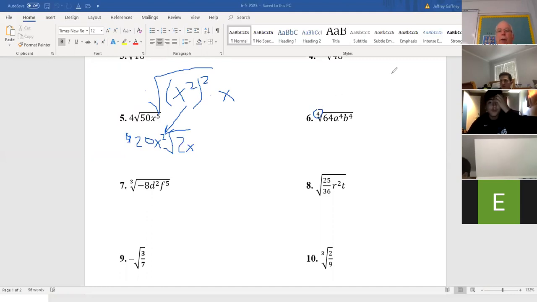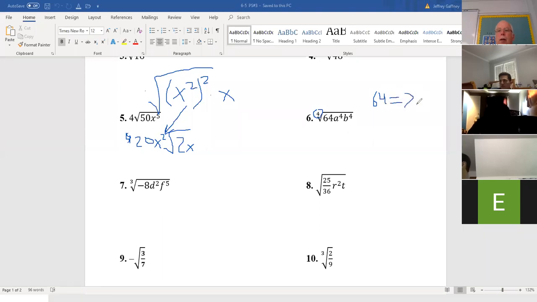So now we got 64, we got fourth root. So this is kind of like that 48 we just did above it, all right? So I would start taking multiples of 2 out of that 64, and it actually comes out to be, I'm just going to tell you, it's 2 to the 4th times 4, without doing that little pyramid deal.